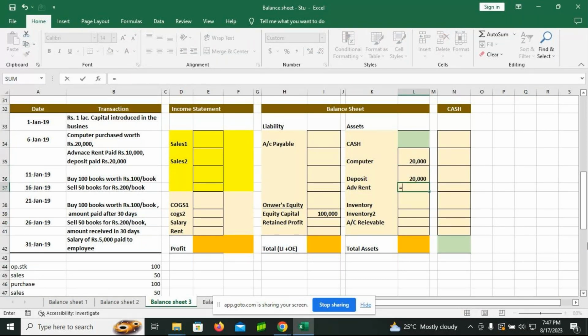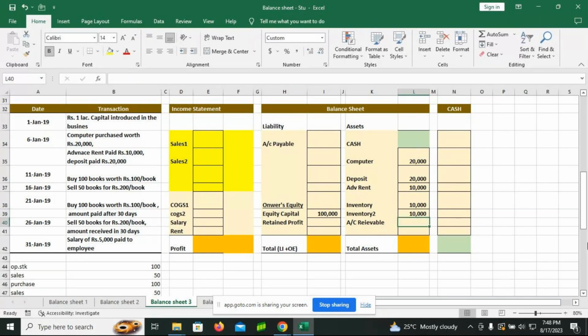Advance rent equals 10,000. Then inventory. So inventory, books I have bought worth rupees 100, so equals 100 into 100. Inventory 2, same thing. I have bought the books again, so equals 100 into 100.